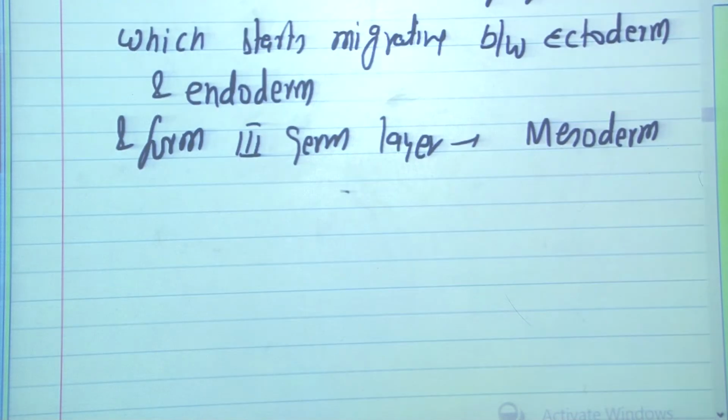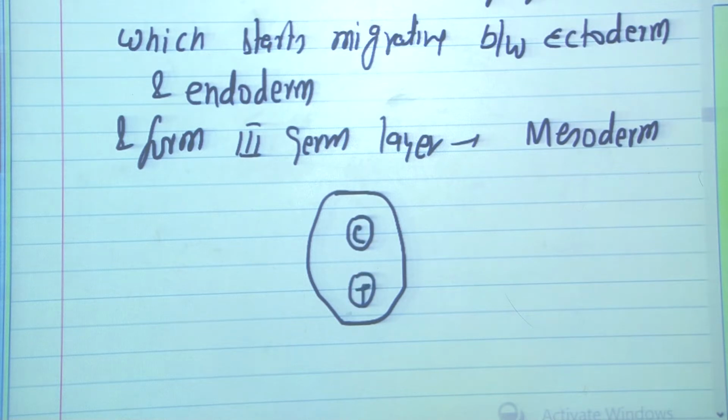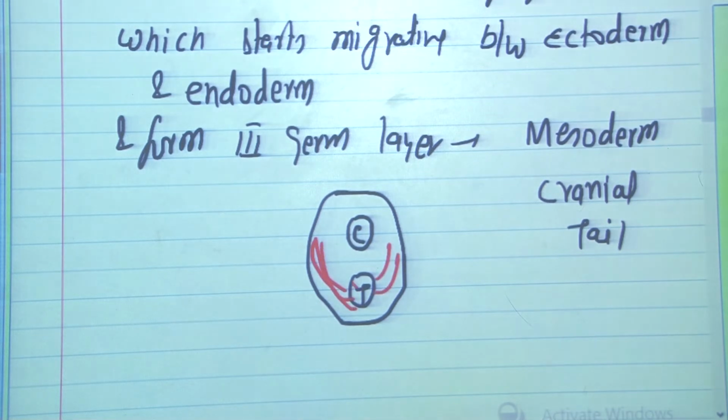See it, if this is the embryoblast, this is the cranial end, this is the tail end. Cells at the tail end are rapidly dividing and start migrating between the ectoderm and endoderm. At every place they form the mesoderm.